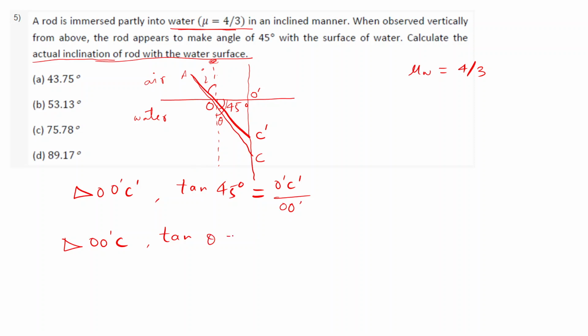So tan theta will be O prime C divided by O prime O.